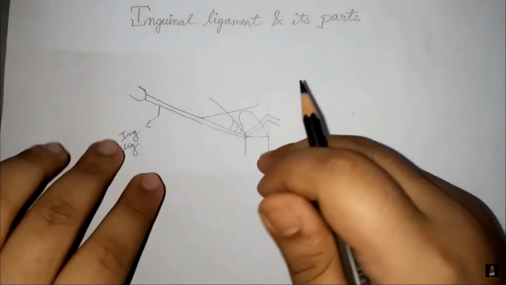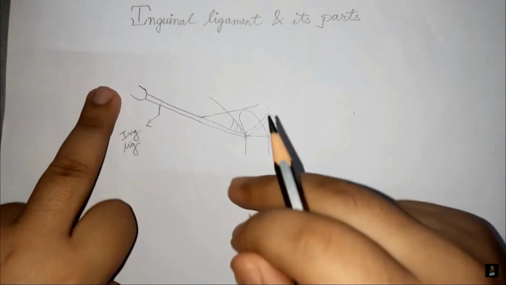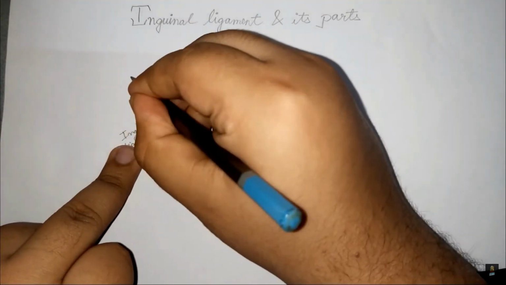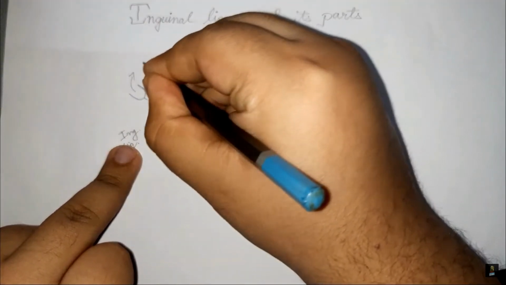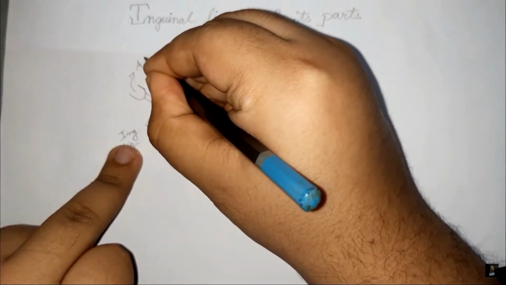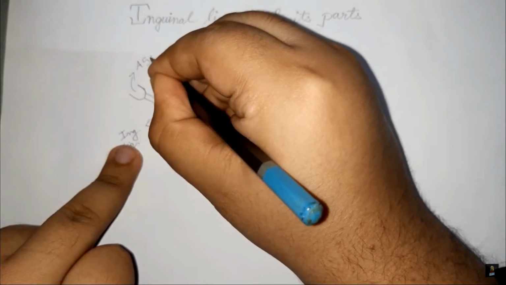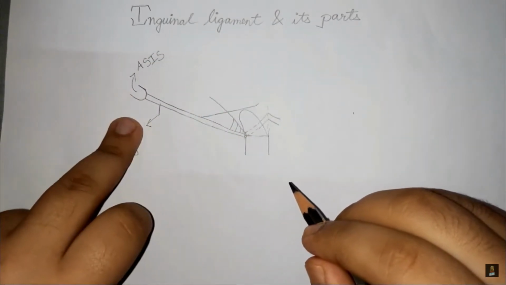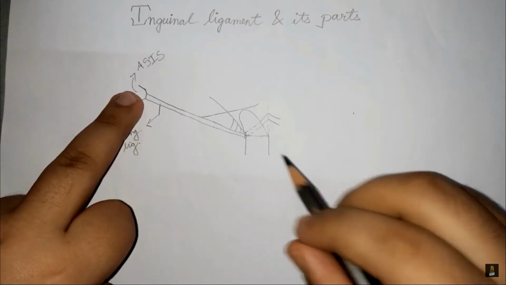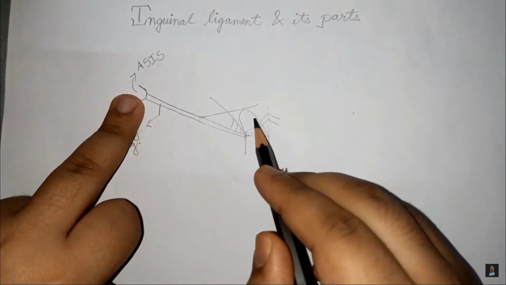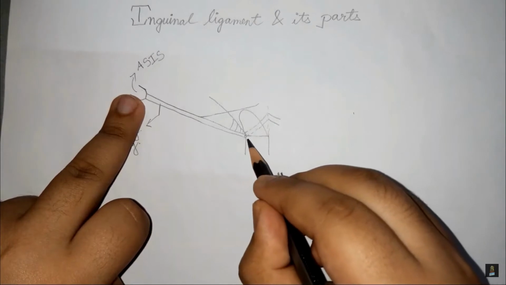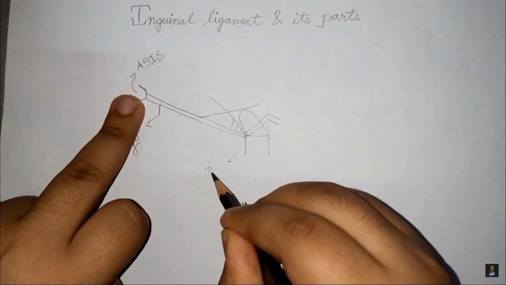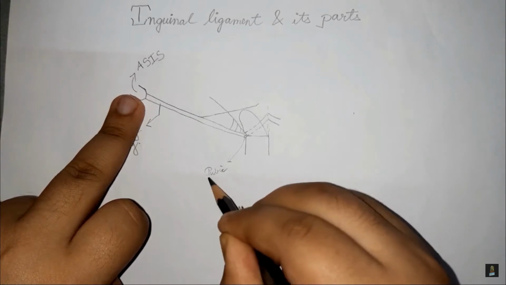By the by, from where to where exactly does this extend? Very simple. It extends from the anterior superior iliac spine of the hip bone, downwards and medially, and attaches to the pubic tubercle.